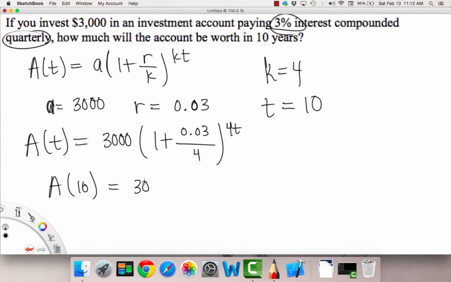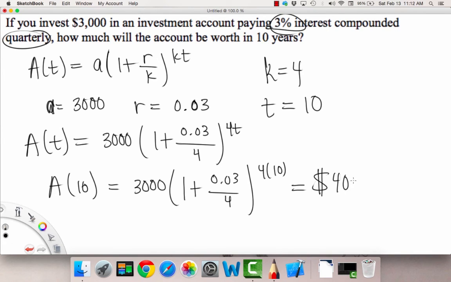This is equal to 3,000 times 1 plus 0.03 over 4, to the 4 times 10 power. When you plug this into a calculator, we get around $4,045.05. So this is about how much the account's going to be worth in 10 years.